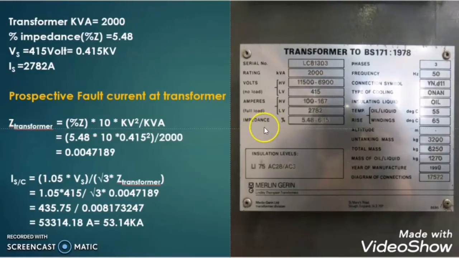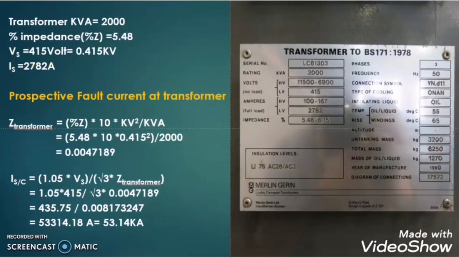The transformer percentage impedance is a very important factor in order to calculate the prospective short circuit fault current for the electrical installation. Here the available data is transformer kVA, that is 2000, percentage impedance 5.48, secondary voltage 415 volt or 0.415 kilovolt, and the secondary current as 2782 ampere.